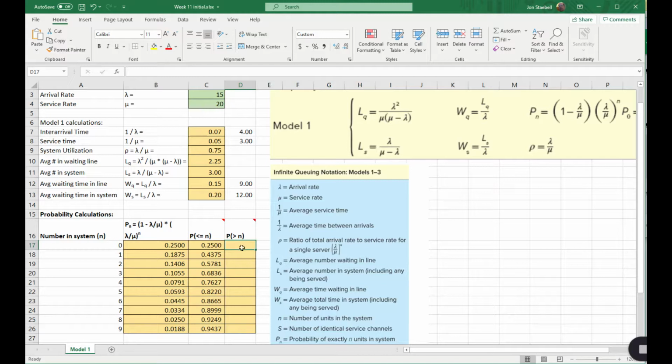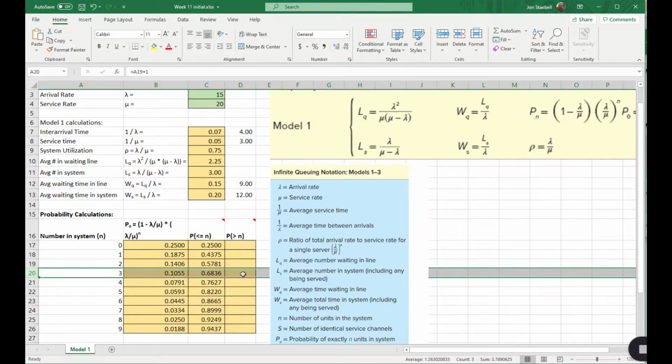So for example, let's go back to my probability of 3. Here we've got a 68.36% chance of having less than or equal to 3 people in the system. What is the probability that I'm going to have more than 3 people in the system? So 4, 5, 6, 99, 2000, whatever.